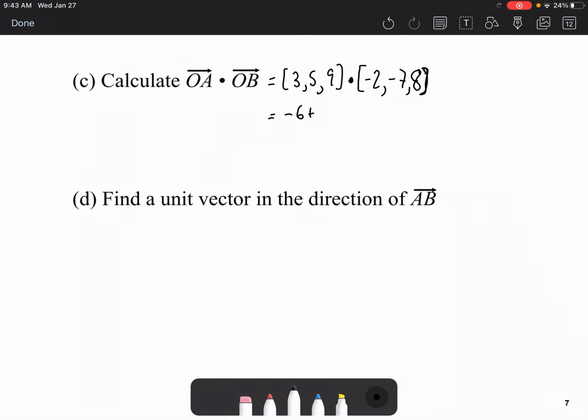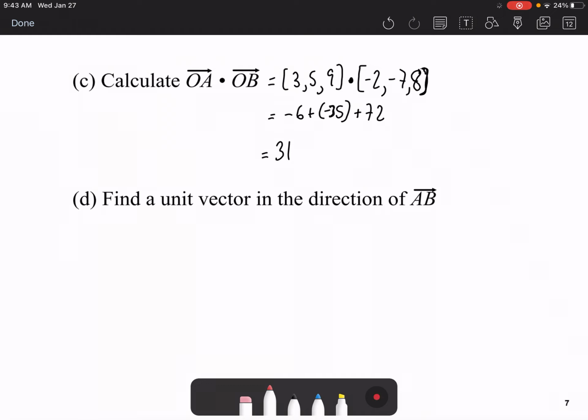We're going to add 5 times negative 7, which is negative 35. And we're going to add 9 times 8, which is the value 72. Together, this all adds up to be 31. Okay.